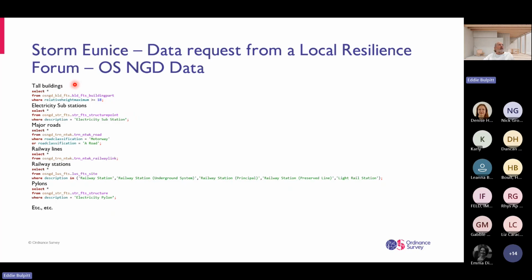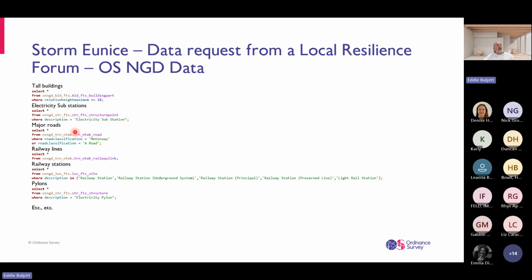So, for example, if you want to find the tall buildings, select all from the schema here, which is OS NGD building features, and the table is building features, building part, where relative height maximum is greater than or equal to 18. Same with our substations, really straightforward again. Select all from the schema, which is OS NGD structured features, where the structure feature structure point, sorry, it's a bit of a mouthful, where the description equals electricity substation.